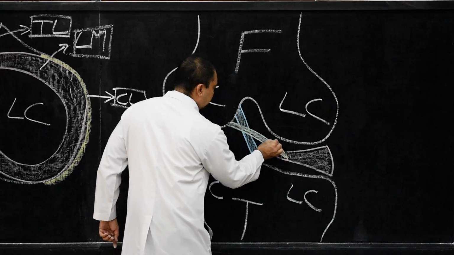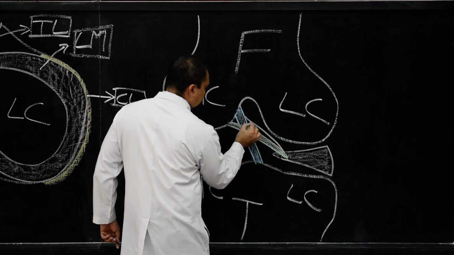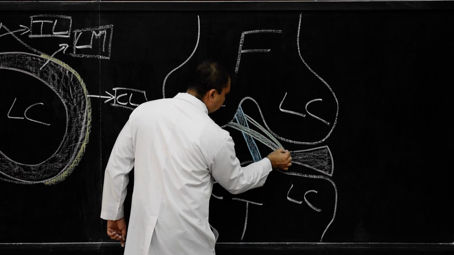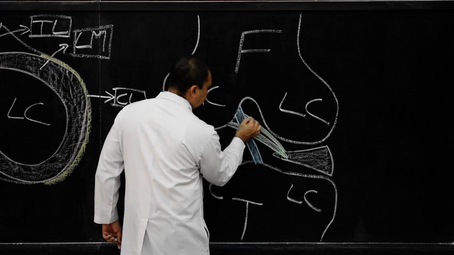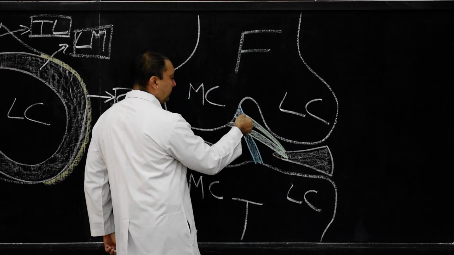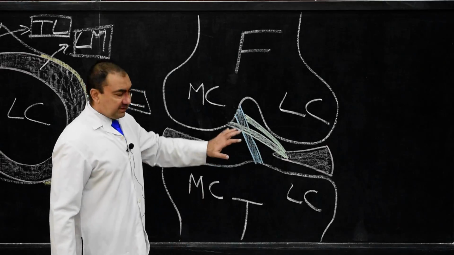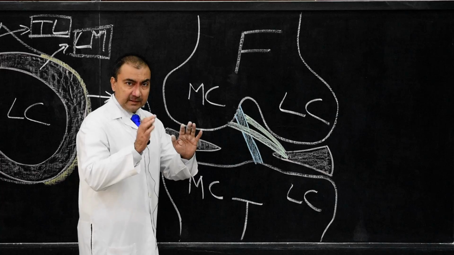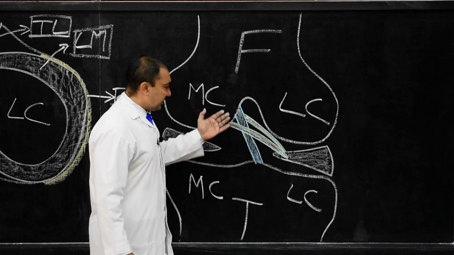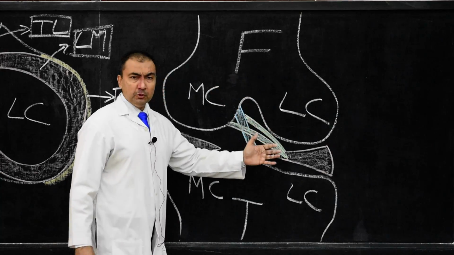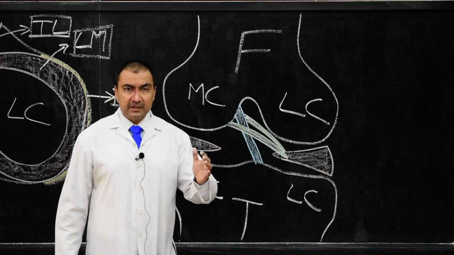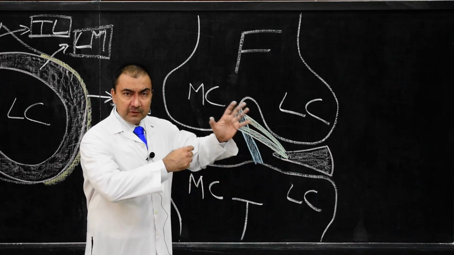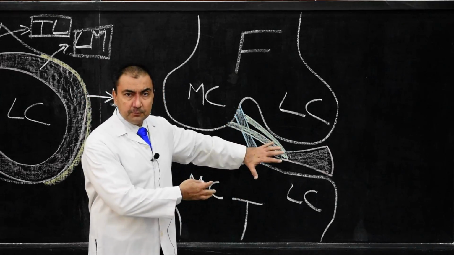So we are going to draw the anterior in this way. It is crossing in the anterior part. From this angle it will go behind the posterior cruciate ligament, because remember, this is the posterior view of the coronal section of the knee joint. We are looking at the coronal section of the knee joint from posterior.